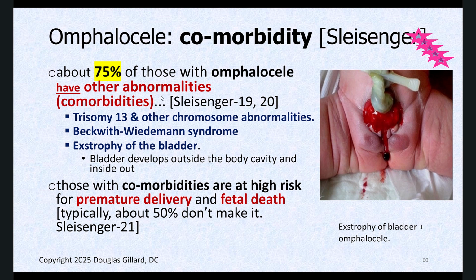Comorbidities with these things. So if the kid does make it, 75% of omphalocele kids have other big problems. That's a huge chunk, right? Trisomy 13, other chromosomal abnormalities, Beckwith-Wiedemann syndrome, exstrophy of the bladder, where the bladder has developed outside of the abdominal cavity.